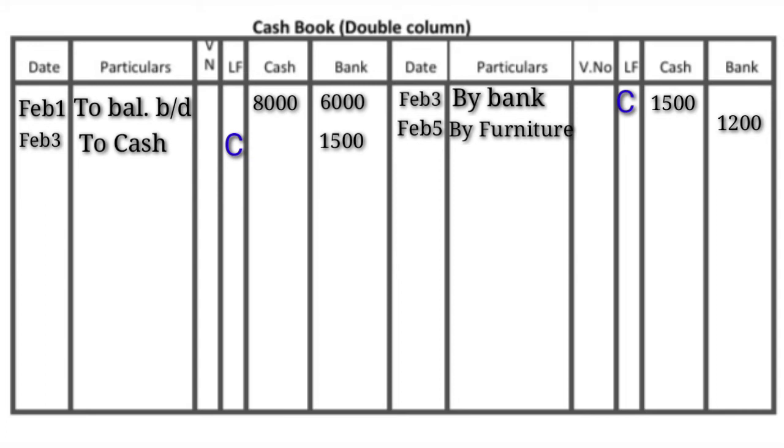When cash is increasing we will write on the debit side or receipt side, and when bank is decreasing we will write in the credit column or payment side. So we can write here on the debit side in the cash column 1000, and on the credit side in the bank column 1000.